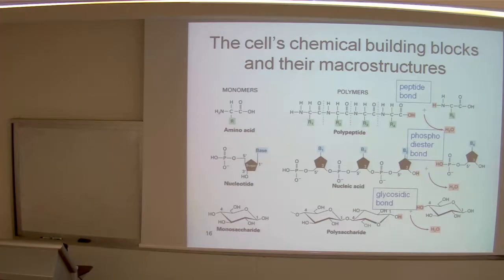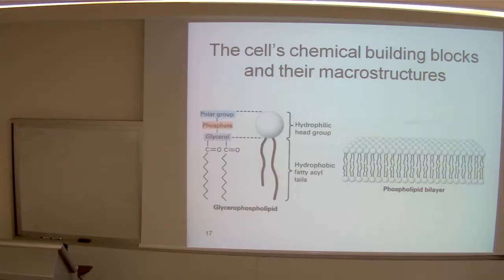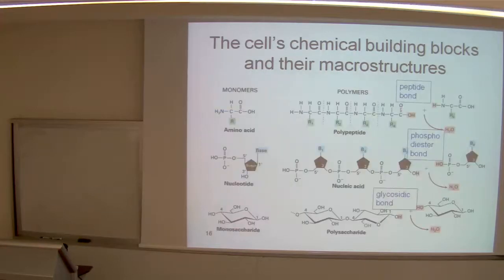Note that each time, in the reaction, we find an exit of a single water molecule. This is the global principle in biology when we join monomers to form polymers. These three bonds are covalent bonds.